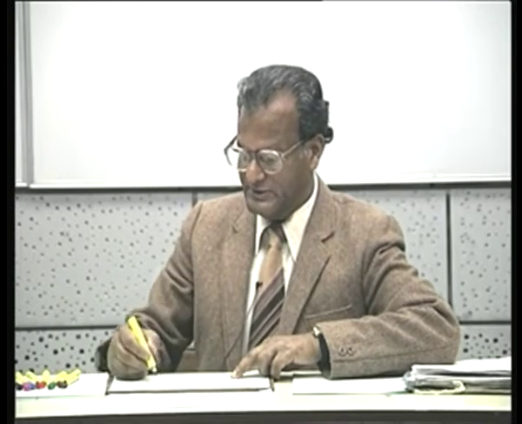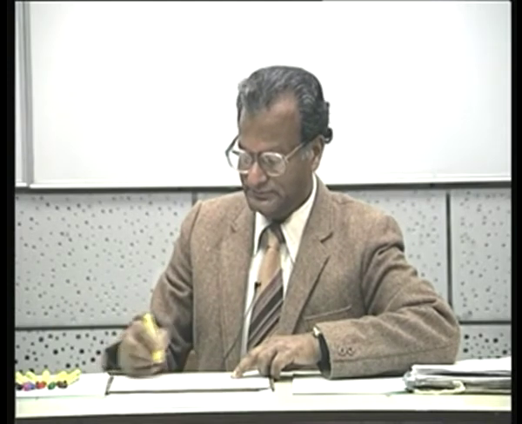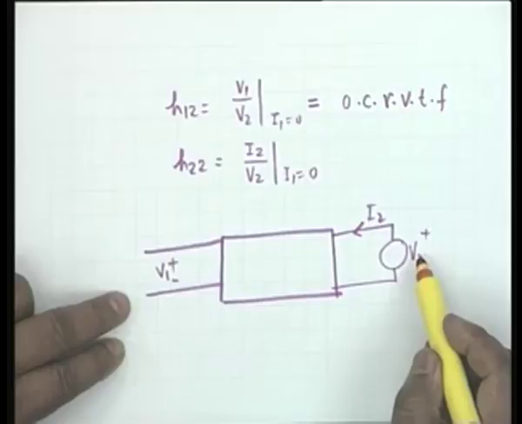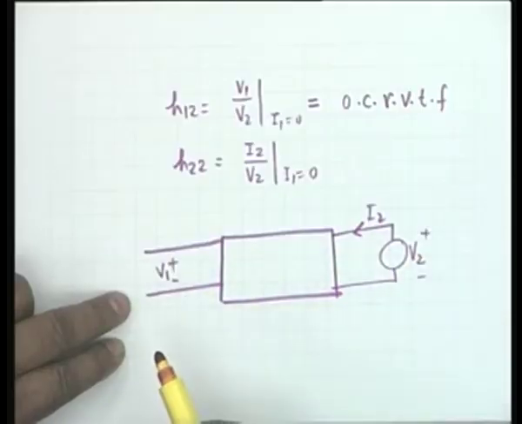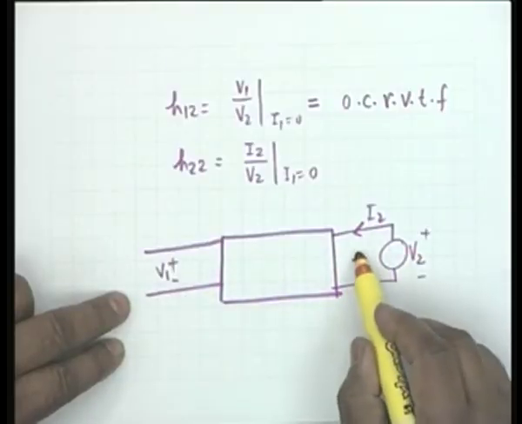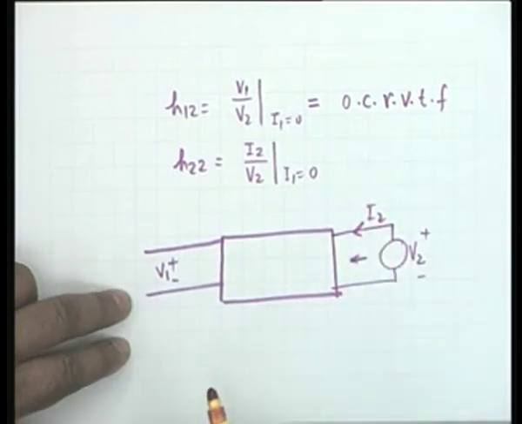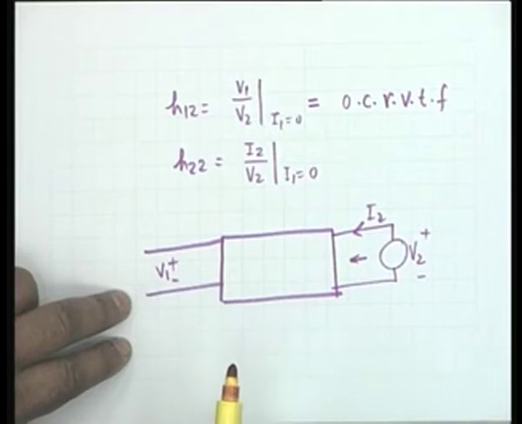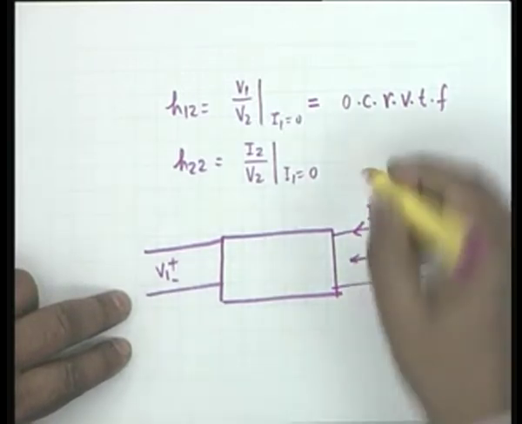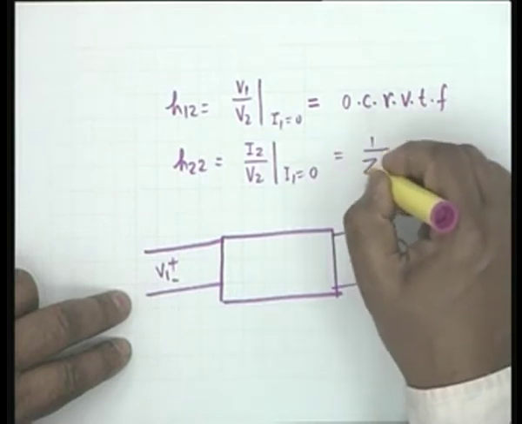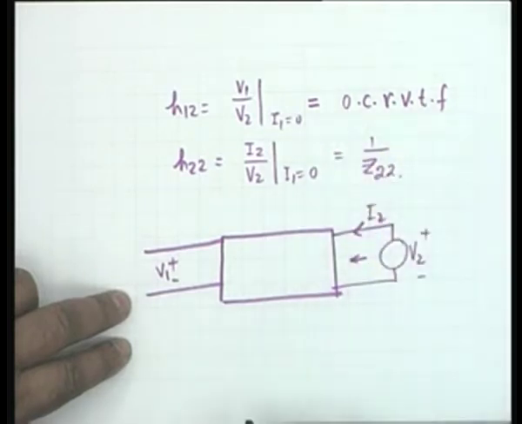And if you look at H22, H22 is I2 by V2 with I1 equal to 0, and therefore H22 is an open circuit driving point function. I2 by V2 is admittance, and therefore this would be simply equal to 1 over Z22. Agreed?